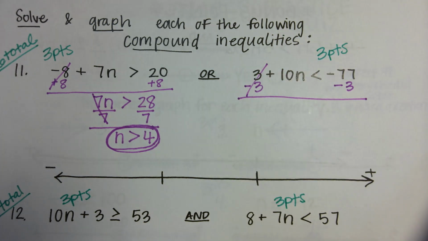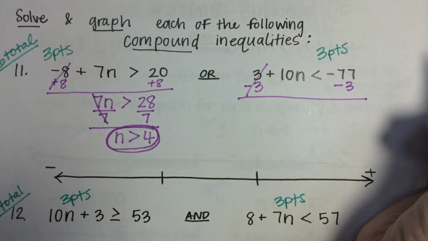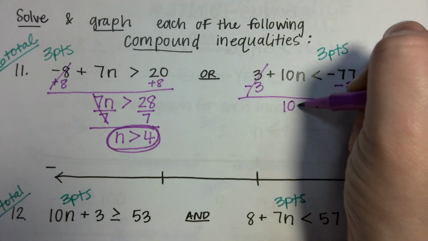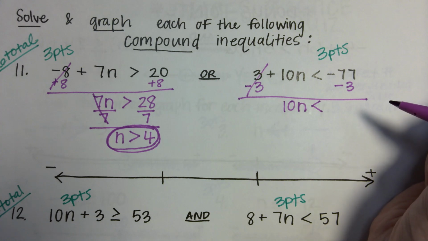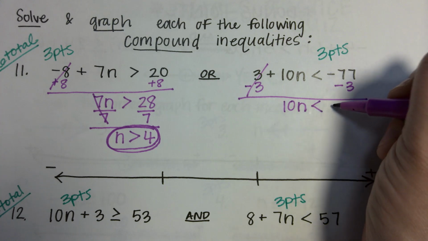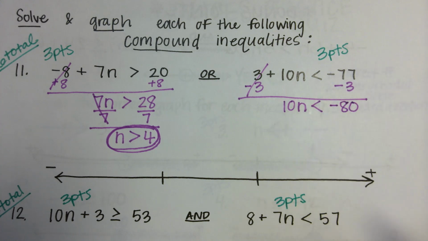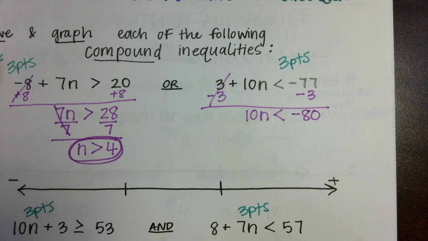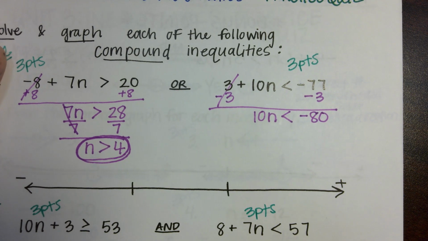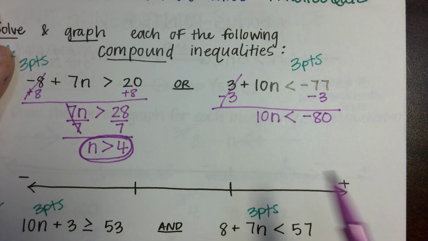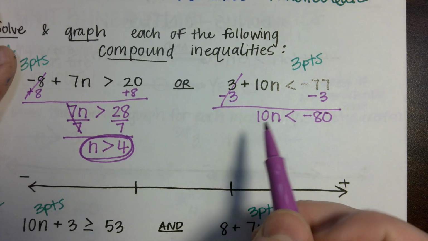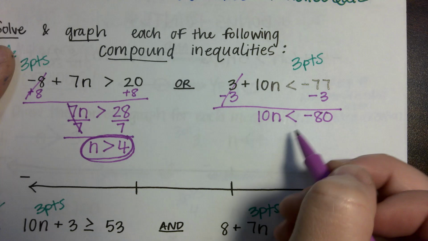So I'm going to have what left over? Yes, 10 times n is less than negative 80. Good.